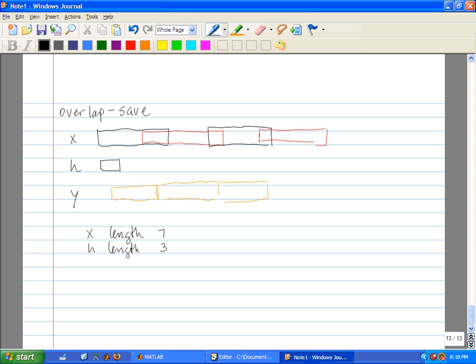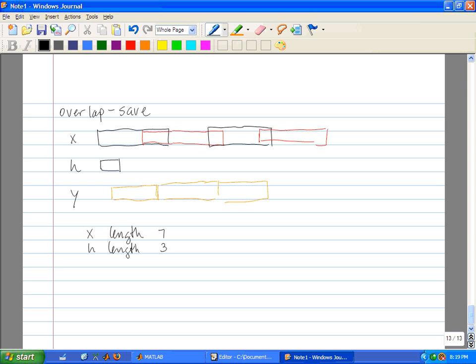Okay. And now let's say we're going to do a convolution of length... sorry, I'm just trying to find the right number here. So we're going to do a convolution of length 9, I believe.